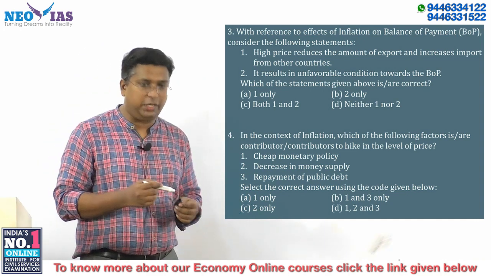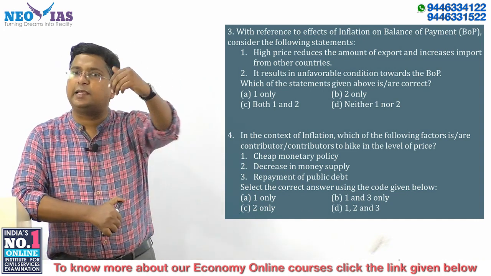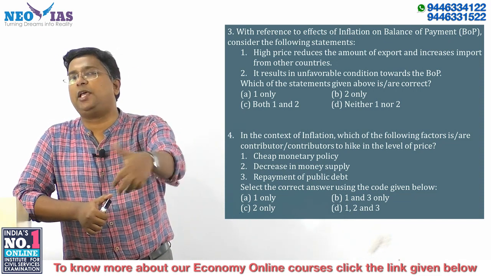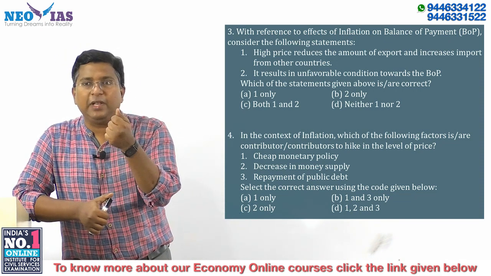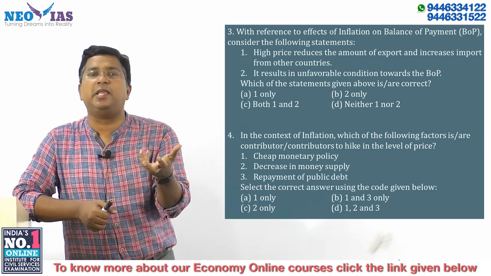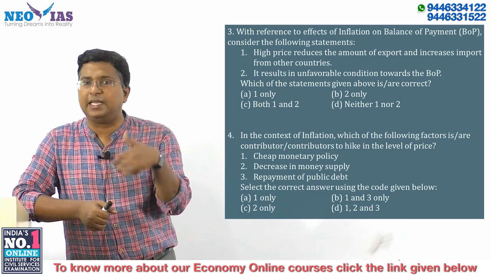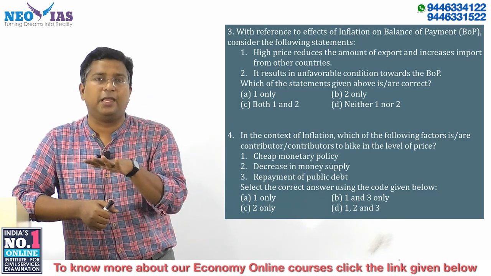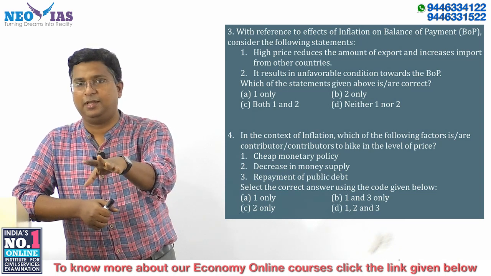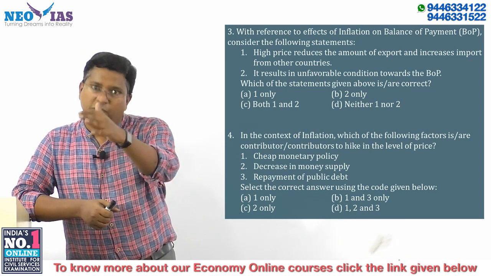Decrease in money supply. The RBI can decrease the money supply. When there is a decrease in the money supply, what happens? People will have less money in their hand. The economy will have a shortage of money. Shortage of money results in lesser demand, and thereby decrease in money supply can help in controlling inflation. Increase in money supply, there will be more demand.